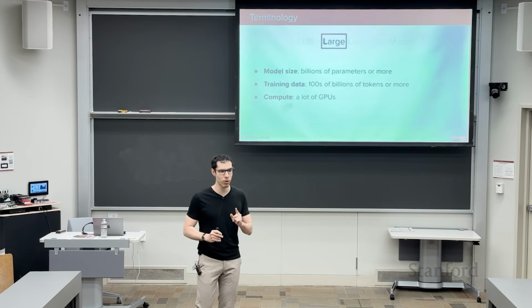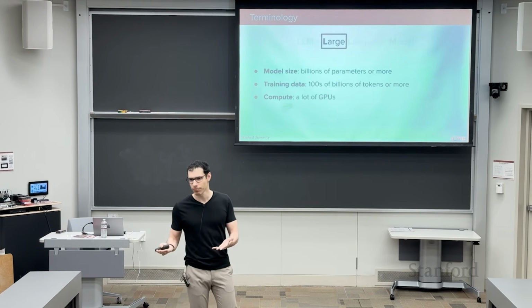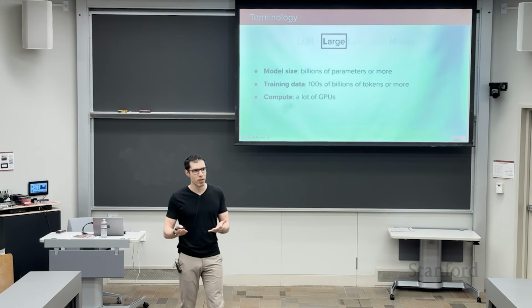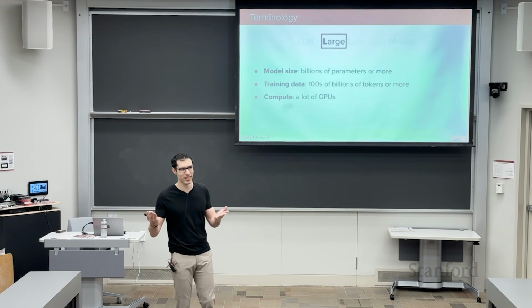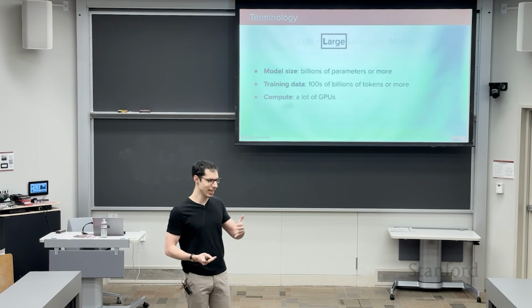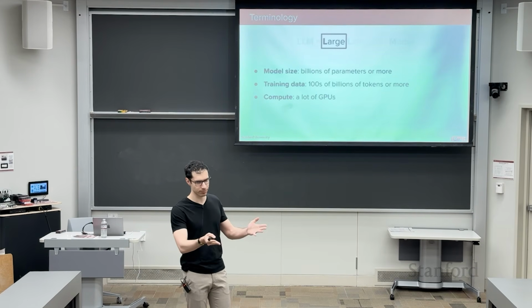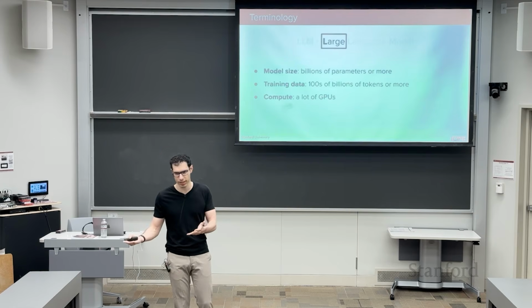Another thing I want to point out is that all this terminology is relatively new. I remember in 2018, 2019, there was no real definition of an LLM. In the beginning, maybe people talked about LLMs and included BERT. But BERT is an encoder-only model that does not produce text.